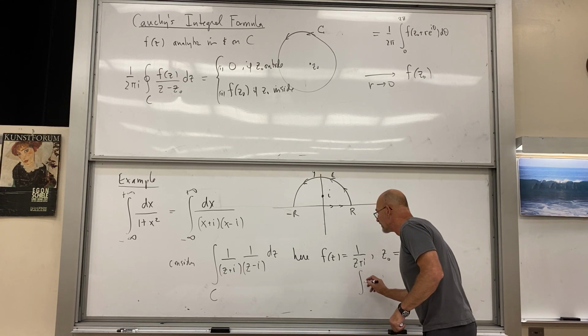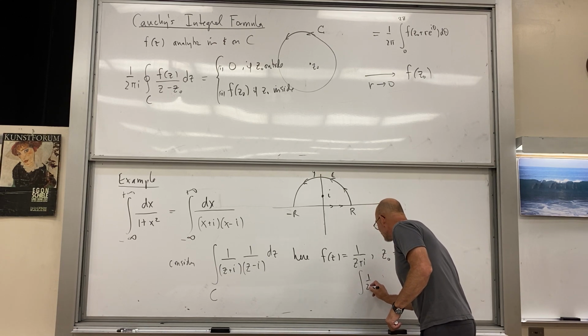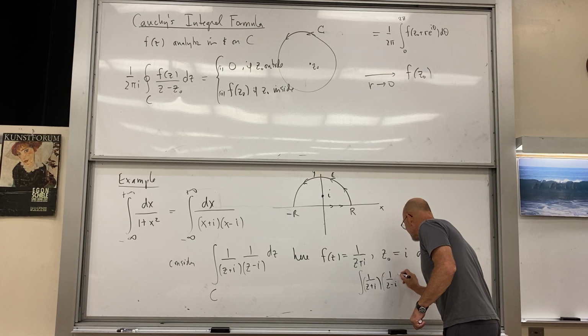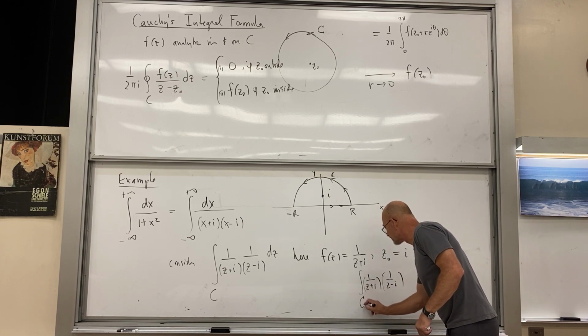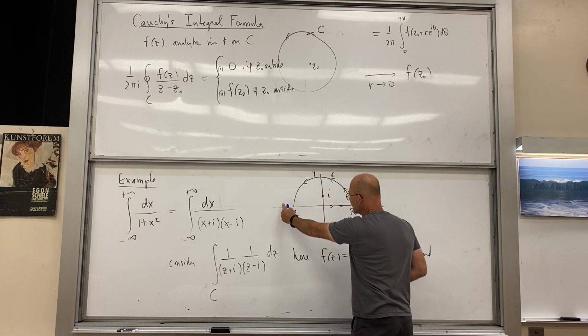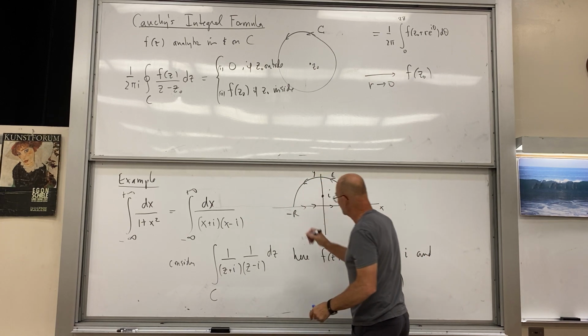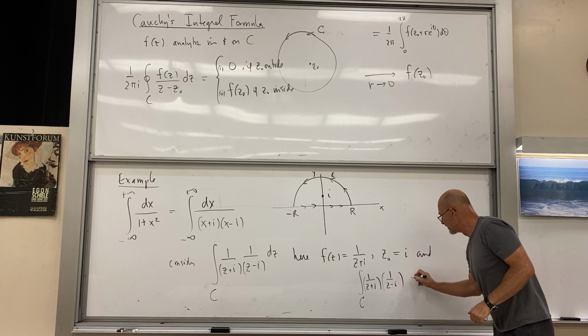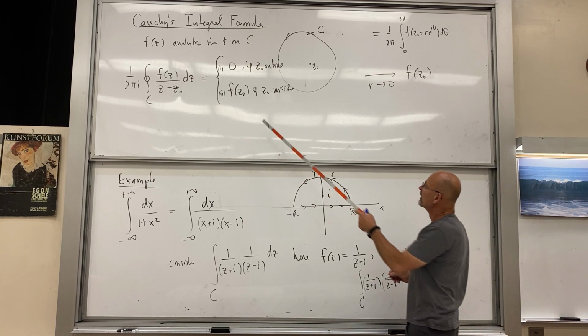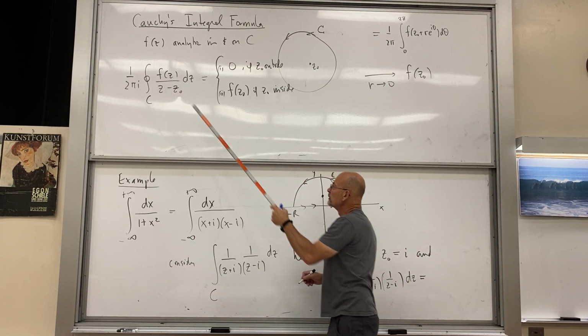And the integral of 1 over z plus i times 1 over z minus i along this entire contour here, so the entire contour is the semicircle and the real part, is equal to f of z sub 0 times 2 pi i, right?